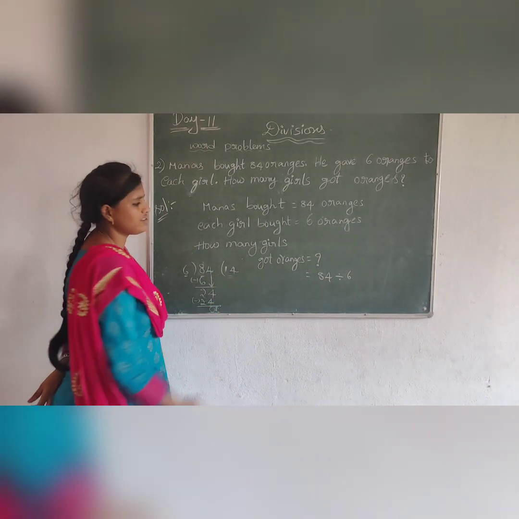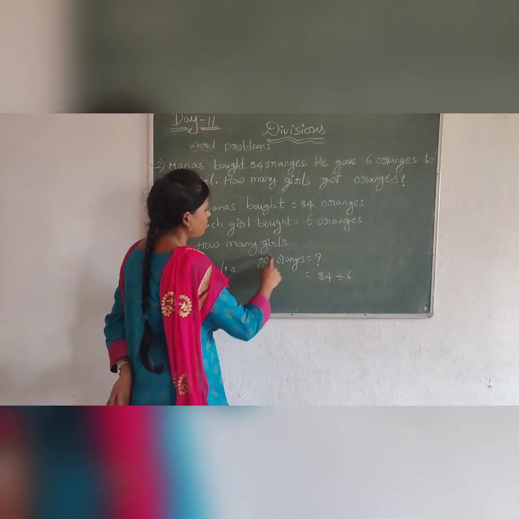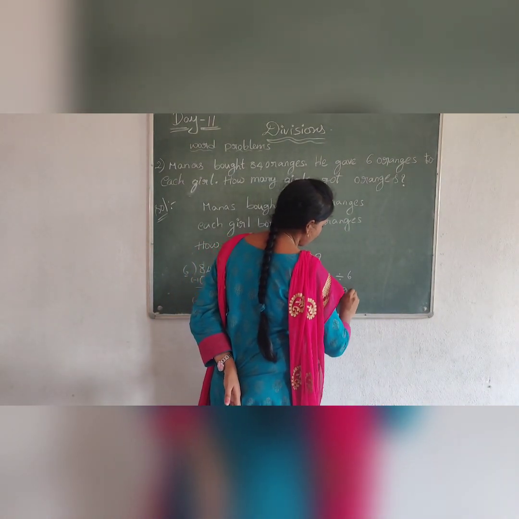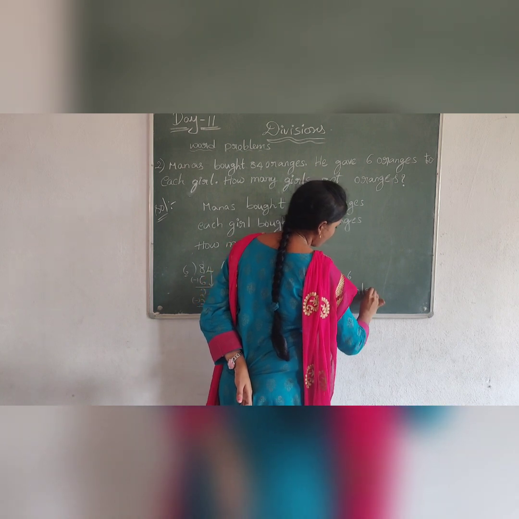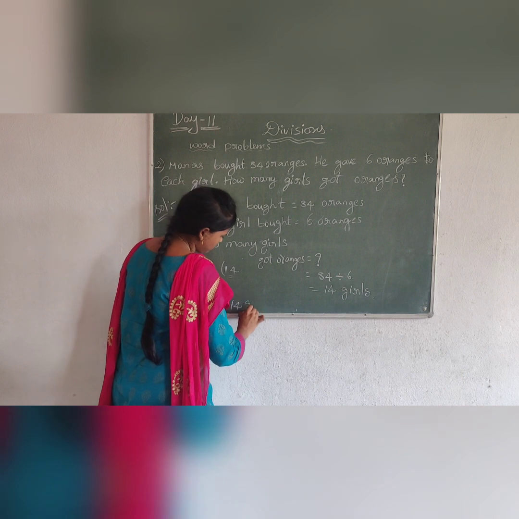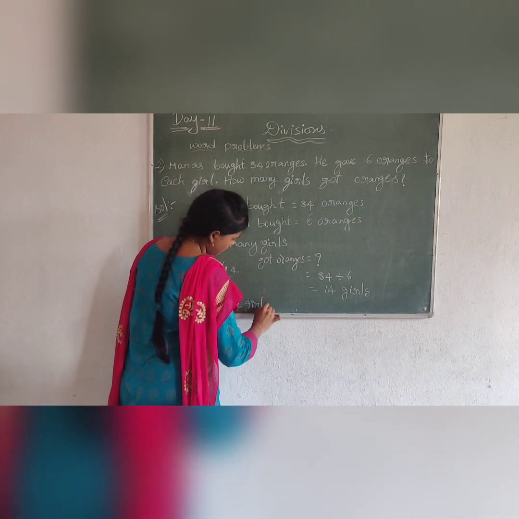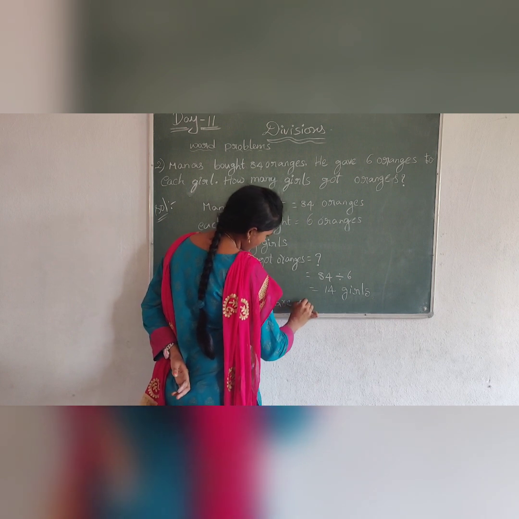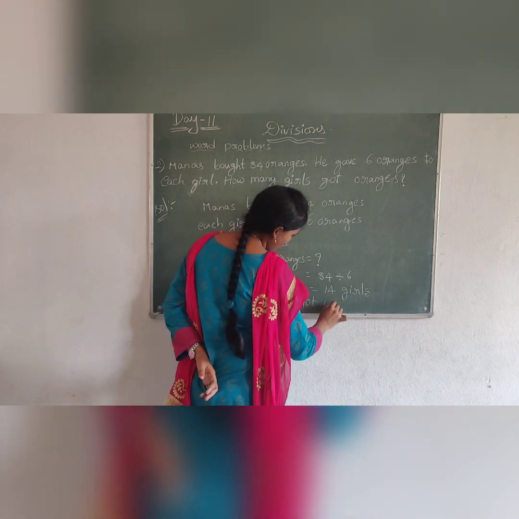So the answer is 14. How many girls got oranges? 14 girls got oranges.